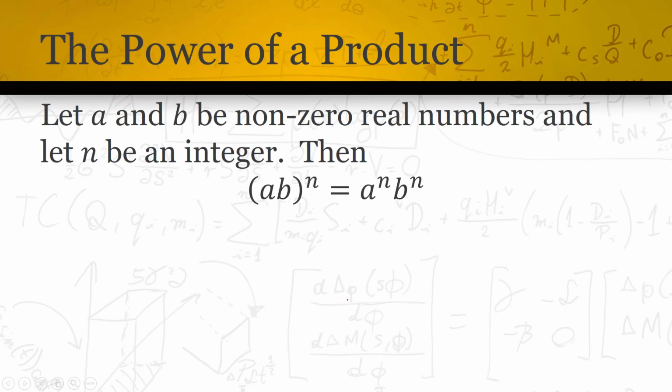Now, here is another rule that we have, which has to deal with powers of a product. If you have the product of 2 bases being raised to an integer power, then that can be simplified as the first base, a, raised to that power, times the second base, b, raised to that power. That's what we have here.